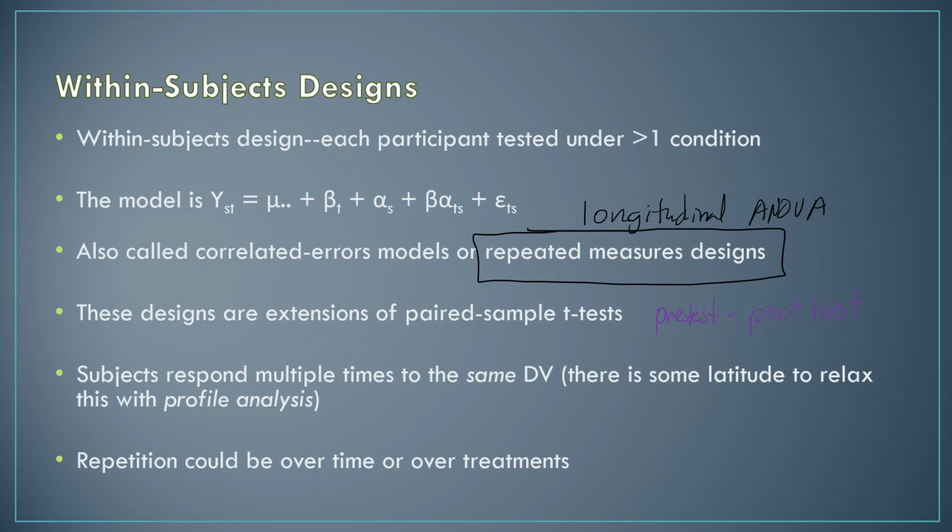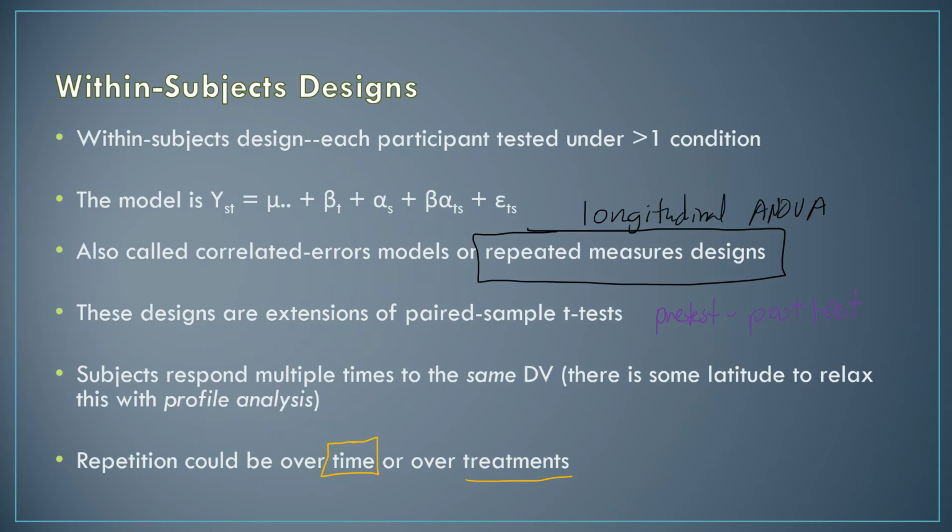And so this repetition can be over time, and most often we see it over time. So it's 3 or more time points where each participant has a value of the dependent variable at each of those time points, but it could also be over treatments where it's like a leveling or a stacking of treatments, or it could be the increase of sessions, so the number of sessions, but you are measuring the dependent variable at each session.